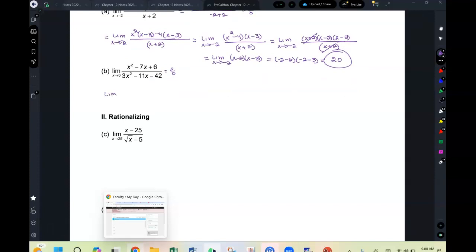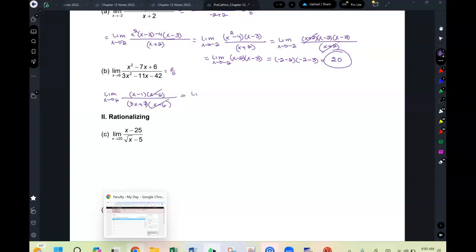So this is the limit as x approaches 6. Let's factor this. We're going to get x minus 1, x minus 6 over 3x plus 7, x minus 6. And this goes away.